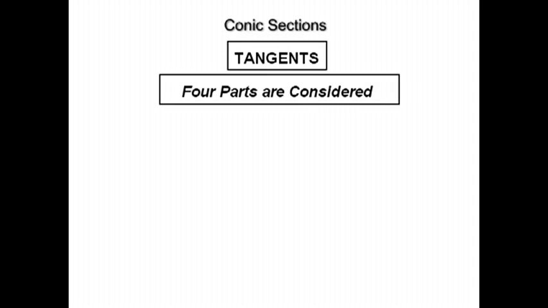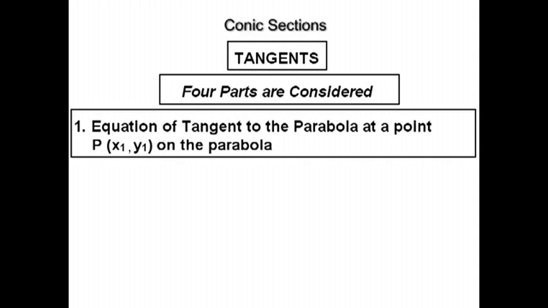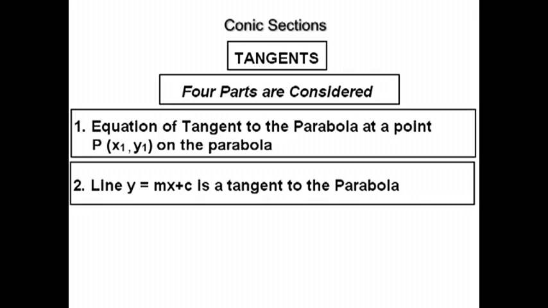Tangents. In tangents, we consider four parts. First, we obtain the equation of the tangent to the parabola at a point (x1, y1) on the parabola. Then we find the condition that the line y equals mx plus c is tangent to the parabola, that is, we obtain the equation of the tangent in terms of slope m.